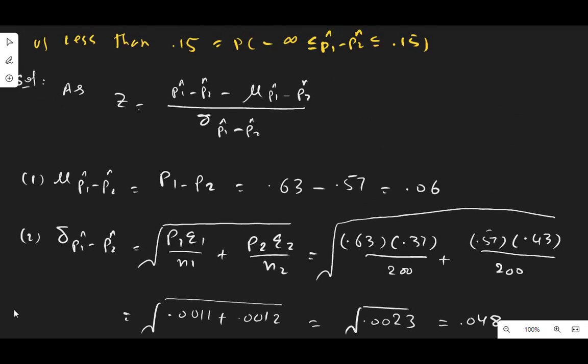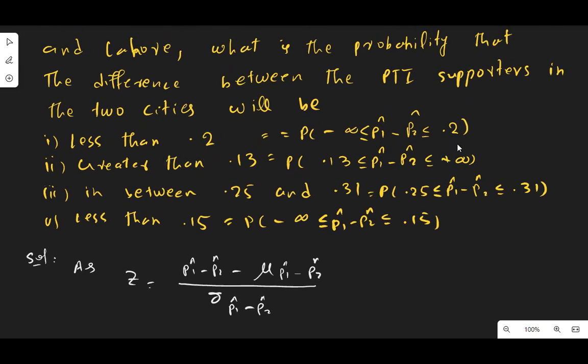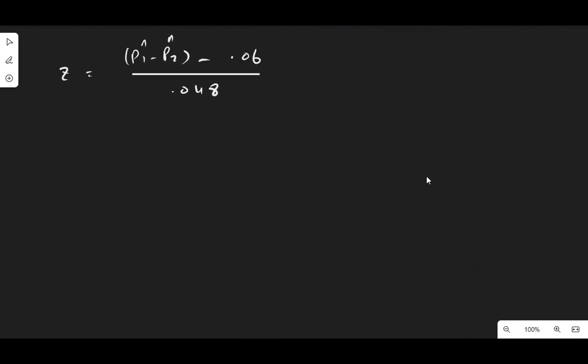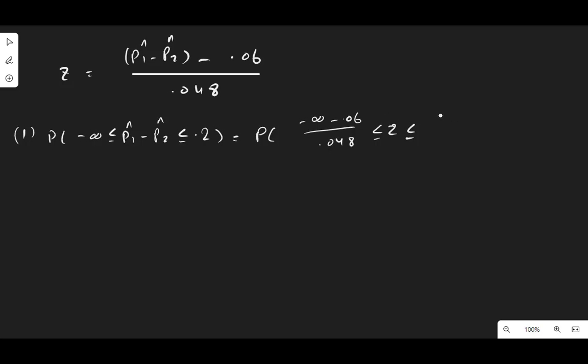Okay, now let's come to the first part. The first part is the probability that the difference is less than 0.2. Standardize it. Part number one is the probability that P1 head minus P2 head is less than 0.2. So this is equal to the probability that Z is in between the minimum limit, minus infinity minus 0.06 divided by 0.048, and the maximum limit, 0.20 minus 0.06 divided by 0.048.